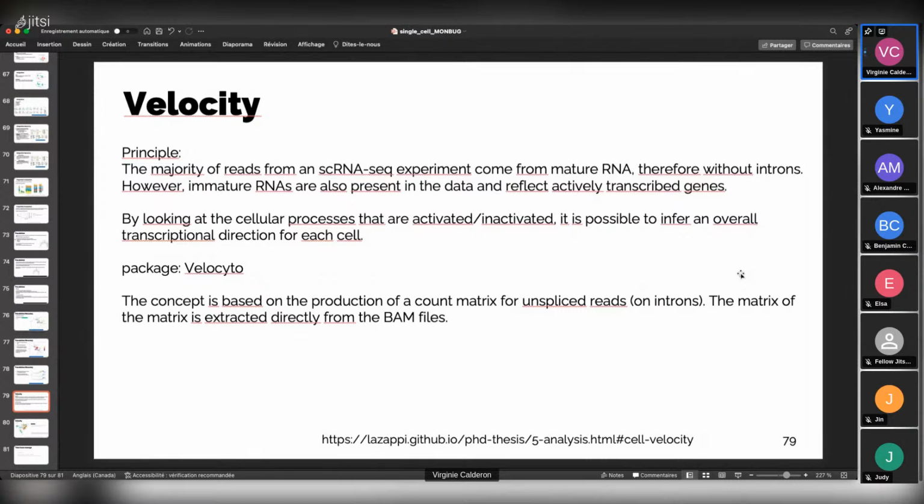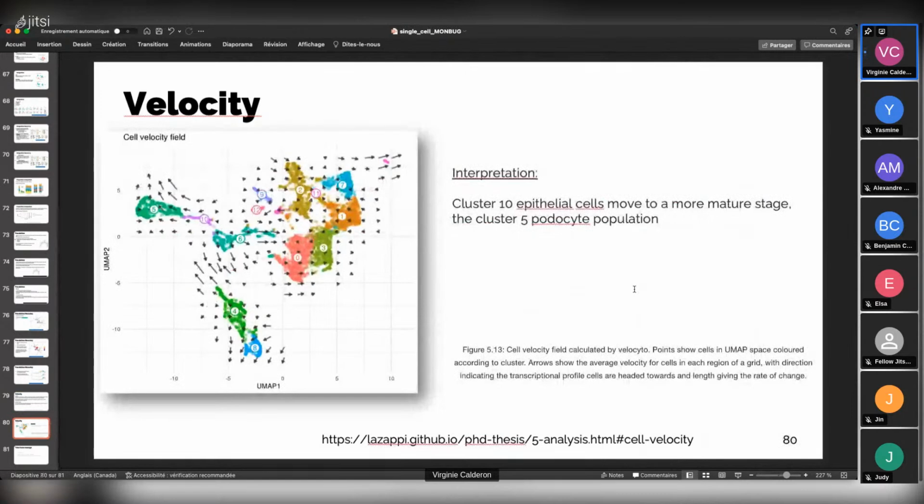We use the BAM files generated by STAR. We use them with the Loom R package, or whatever way, to compute these unspliced and spliced matrices. Then Velocyto, a package available in R and in Python, will be used to compute this velocity, this level of transcription.